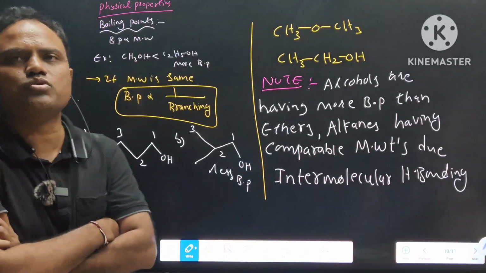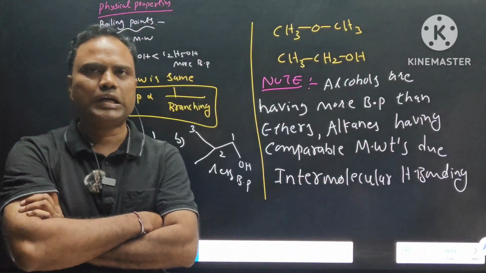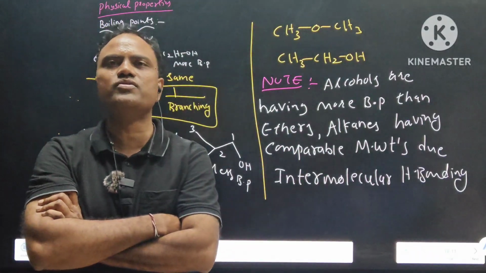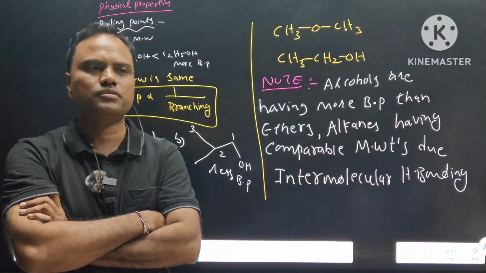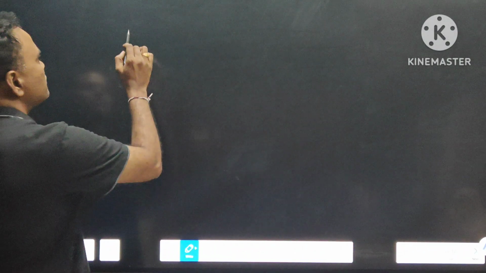See, in alcohols, two parts are there: hydrophilic part and hydrophobic part. Hydrophilic means the part which loves water. Hydrophobic means the part which hates water. Based on that, we can say about solubility.